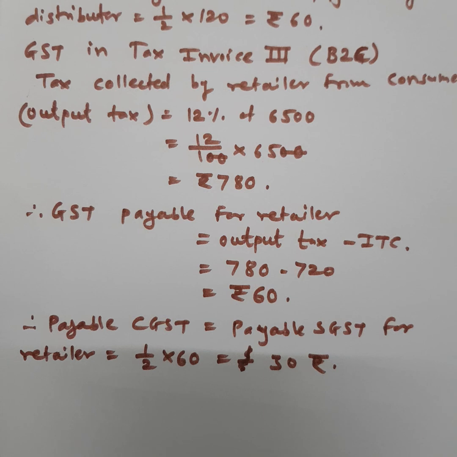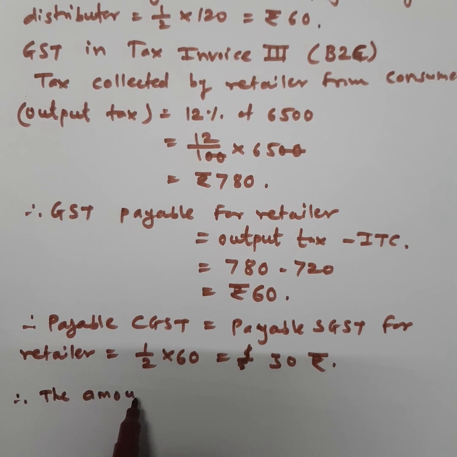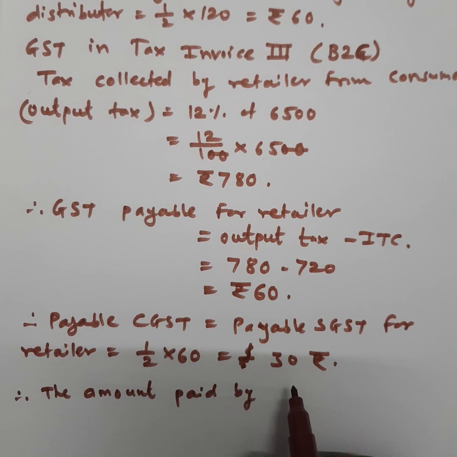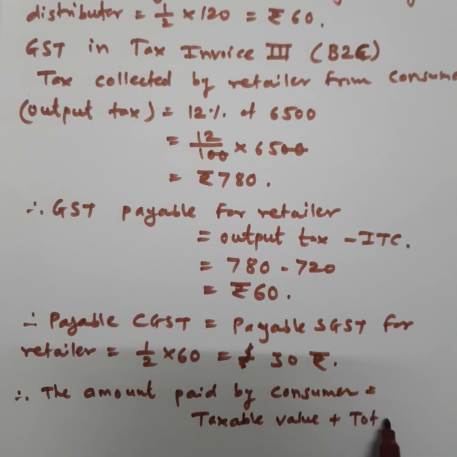Then we have asked at the end what amount is paid by the consumer. Therefore, the amount paid by consumer or customer is equal to taxable value plus total GST.